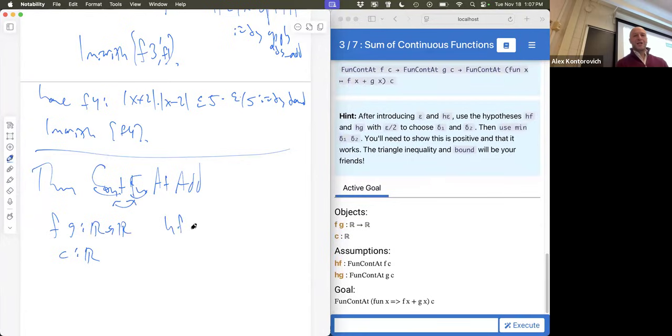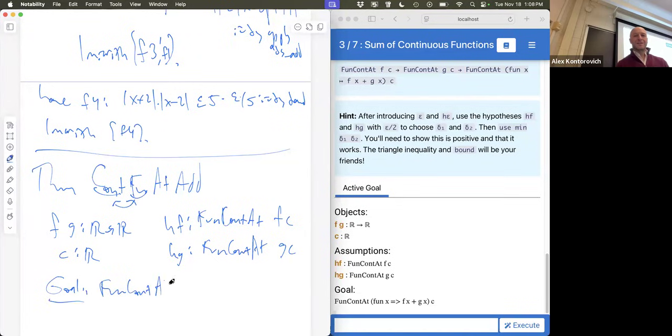You have the assumption hf that f is continuous at c, hg that g is continuous at c, and your goal is that the function that sends x to f of x plus g of x is continuous at c.